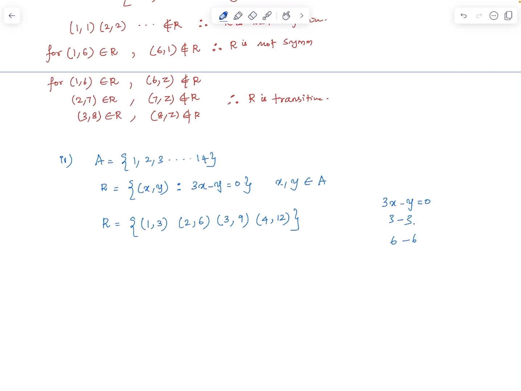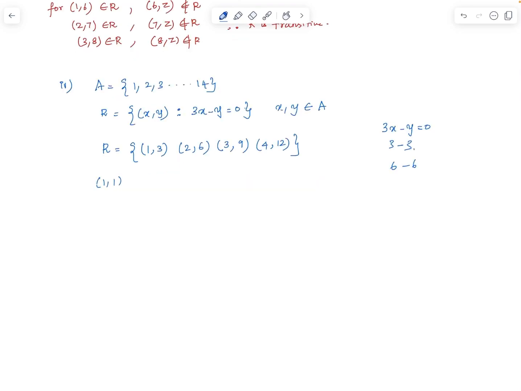Now we have to see if this R is reflexive, symmetric and transitive. There is no (1, 1) in this. Therefore, R is not reflexive. For (1, 3) in R, there is no (3, 1) in R. Therefore, R is not symmetric.